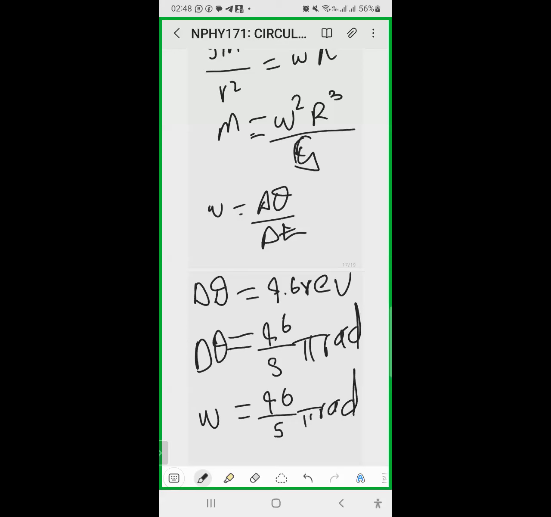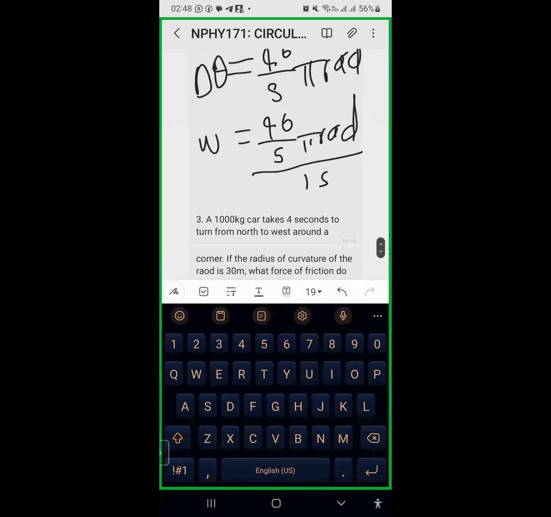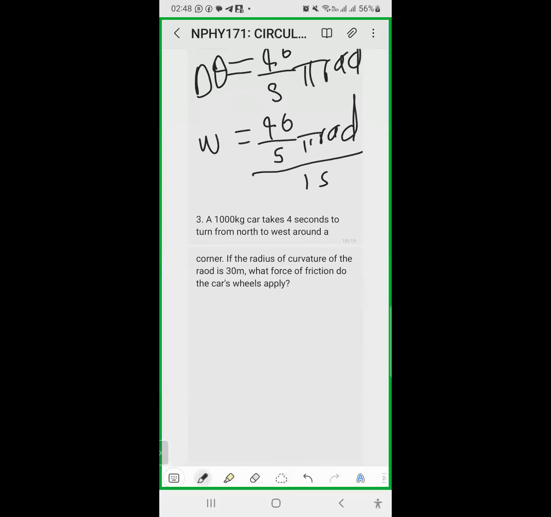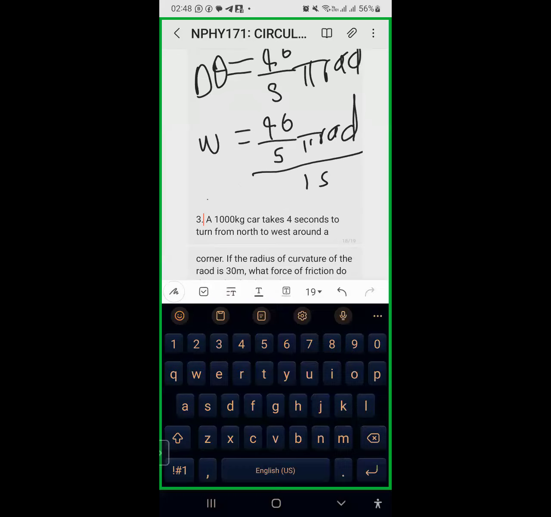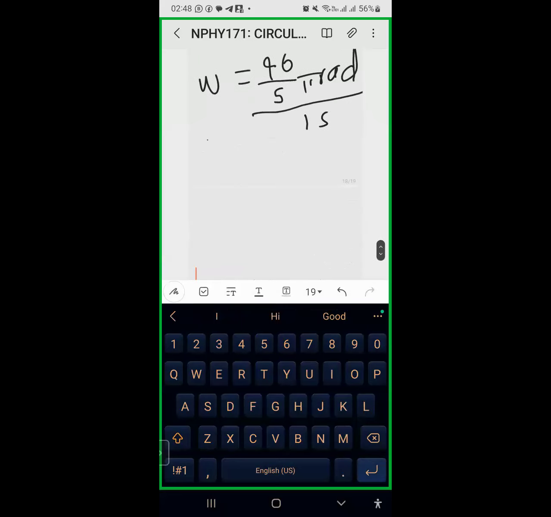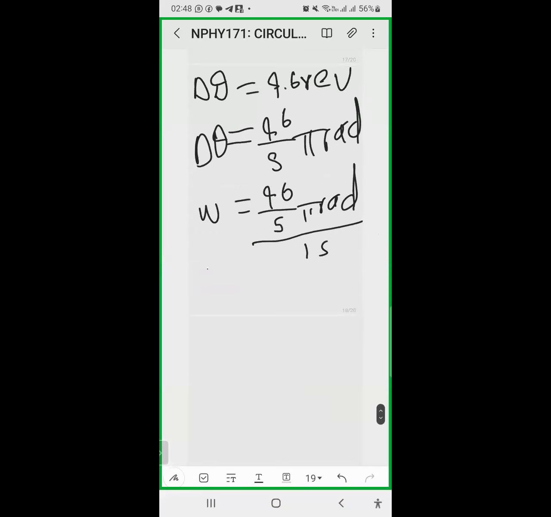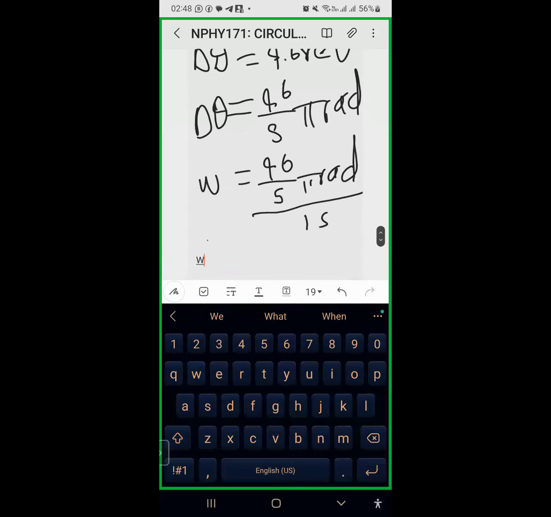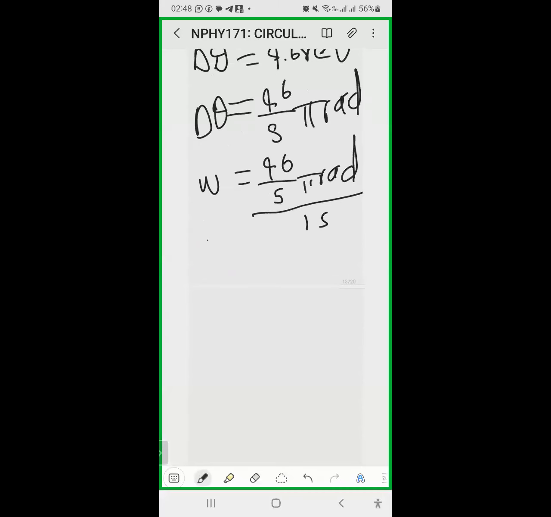They say 4.6 revolutions per second, so time is just 1 second. This will then give us our angular speed omega to be equal to 46 over 5 pi radians per second.